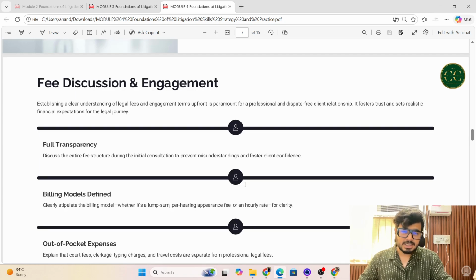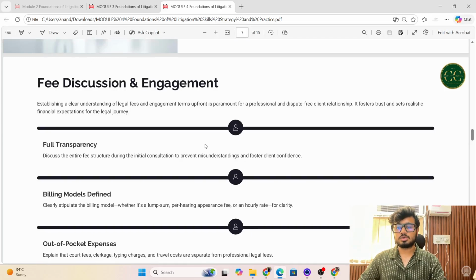And if any settlement arises between the parties, this is the percentage of the amount that you can quote, that this much should be given to the advocate. So it is good to clear everything beforehand, because otherwise the client will come and say, "Sir, you didn't tell us this could happen and that could happen," right?